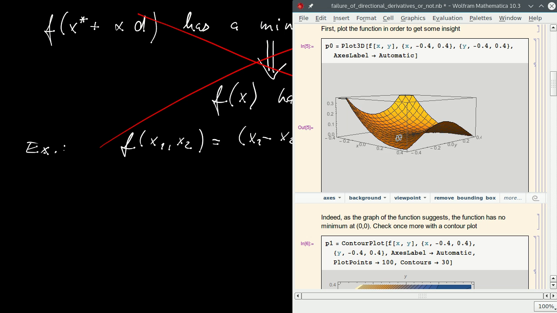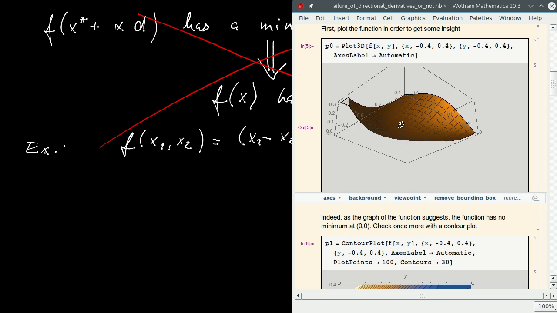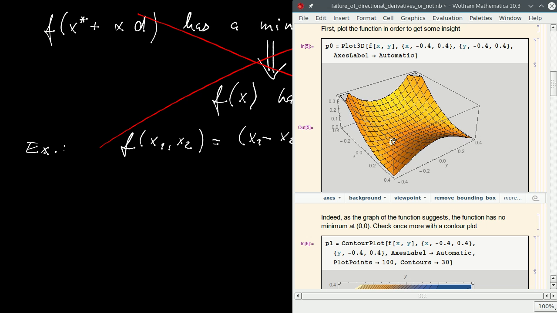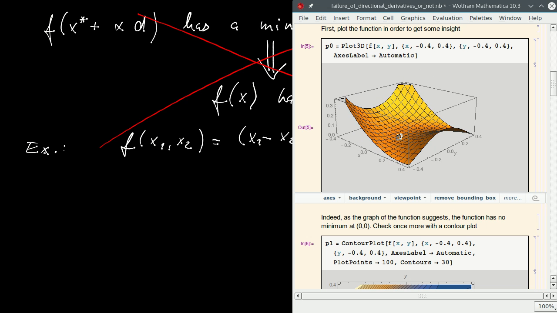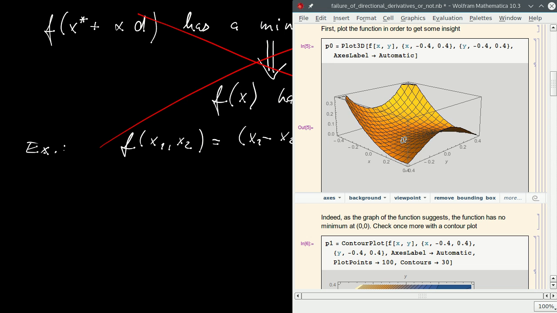Now upon inspection of the function, we can immediately conclude, just from inspecting the graph, that certainly the function does not have a minimum at the point 0, 0. Right? If I pour water on this surface, not even a drop of water will rest at the point 0, 0.